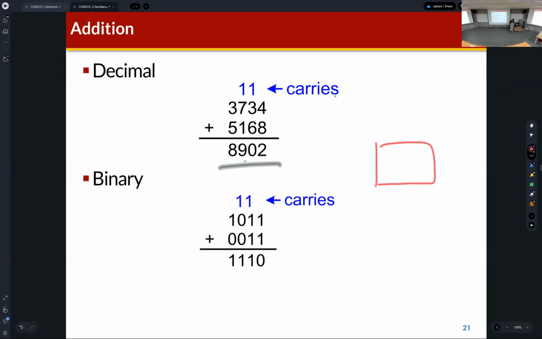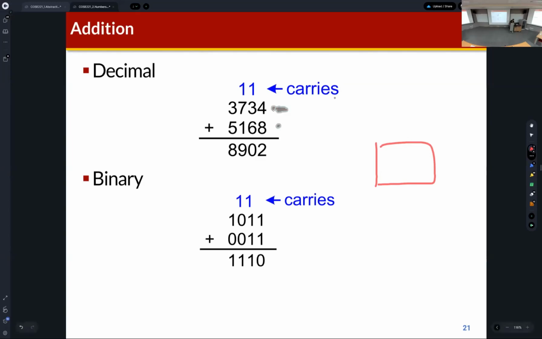Let's start from decimal addition. How can we perform decimal addition for two different decimal numbers? This is an input value like 3734, and this is another input value like 5168. These are two different inputs, input 1 and input 2, then the addition, and this is the result.